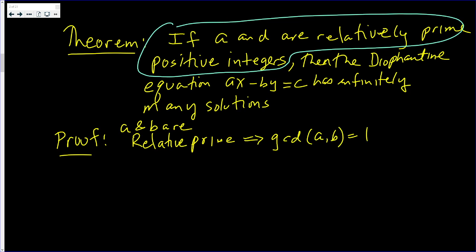And they're positive. That means the GCD is 1, and clearly the GCD divides c. This one divides every number.